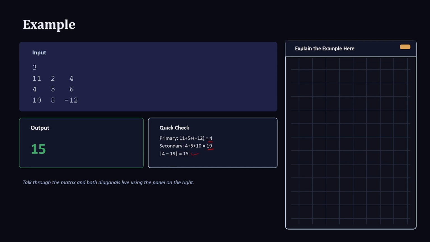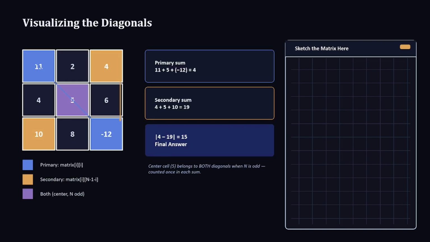Now let's think about the approach. Most beginners immediately think that since this is a matrix, we scan every element using two nested loops. But actually, we do not need to scan the entire matrix. We just calculate the diagonals because diagonal elements follow a fixed pattern. Let's understand that pattern.